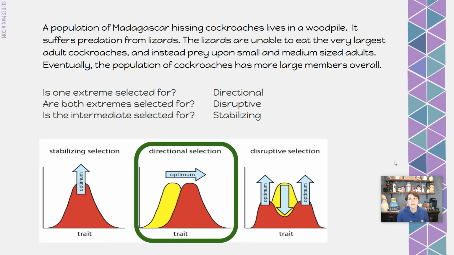And so small and medium-sized adults are declining, the larger cockroaches, those ones are surviving. And so that's the good trait to have. We're selecting for large cockroaches. So we're going to move the population towards being larger in size. So don't get confused by what is being eaten. Instead, what we're looking for is something to survive. That's what's being selected for. That's what's good.